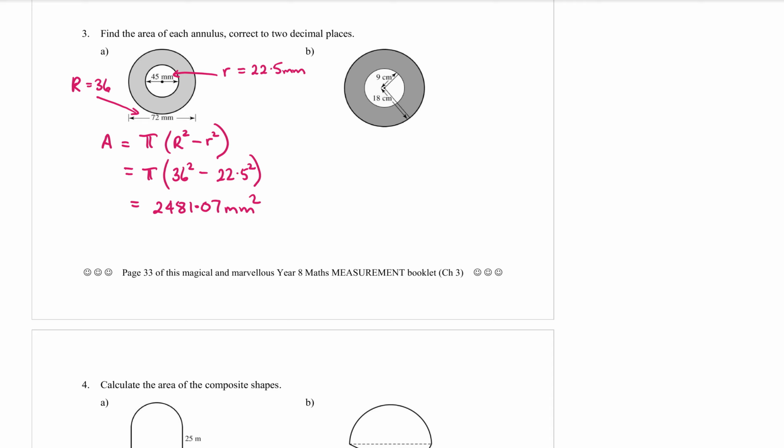Part B is probably easier, because these measurements here, this would be my capital R and this one will be my little r. So I can put these numbers straight into the formula. So the area of an annulus is pi bracket capital R squared minus little r squared.